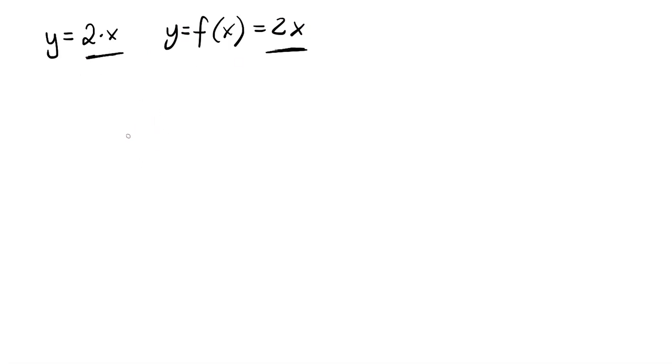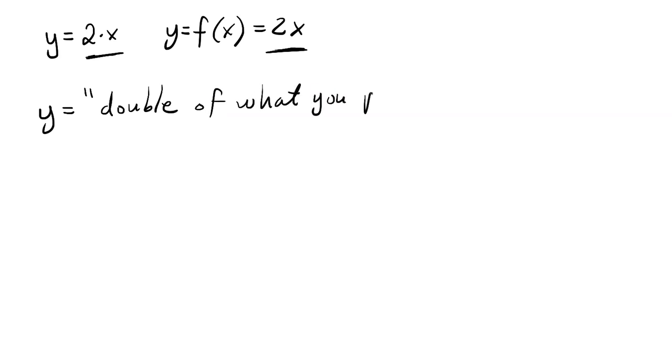We could also describe it in another way. For example, we can describe it in words, that y is equal to the double of what you plug in. So here we have described the function but in words instead of a formula.